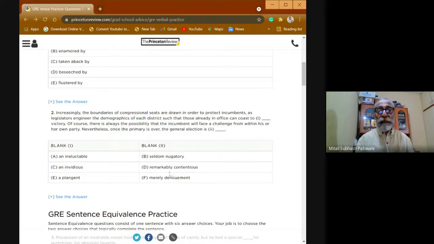Now, remarkably contentious. Remarkably contentious means there can be a fight, a contest between the candidates. So that is also again contradictory to the previous sentence, because the sentence says once the primary is over.